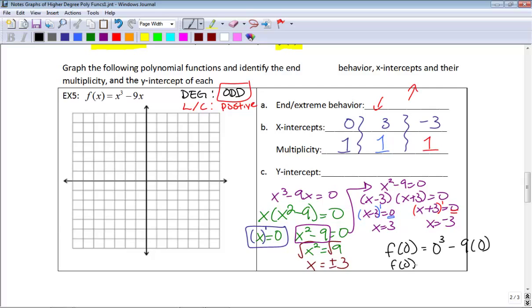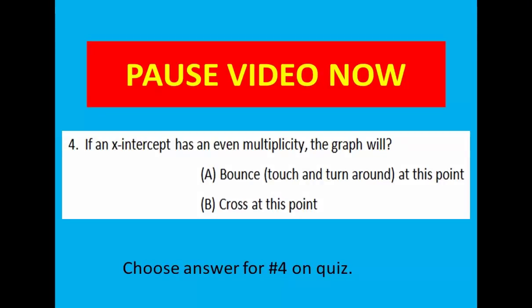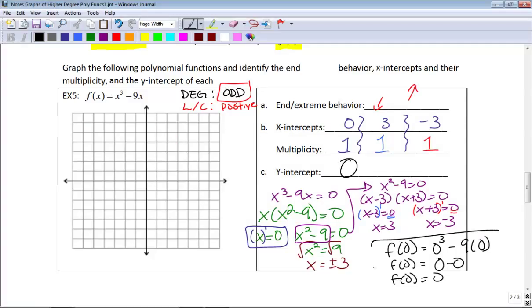Well, what is 0 cubed minus 9 times 0? 0 minus 0, which is just 0. So my y-intercept here is 0. Right? Y-intercepts are going to be the easiest thing from here on out. They're computing f of 0.